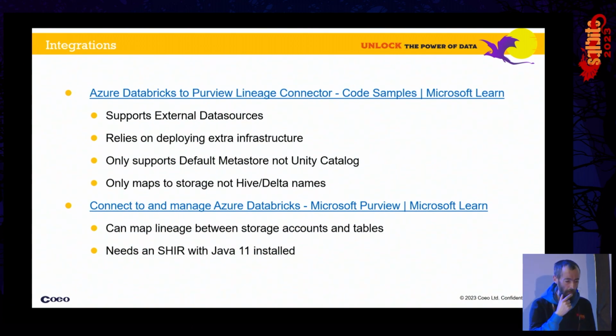So what we can do, though, is, as I've said, Purview has the Apache Atlas API. Databricks have their CLI, which can integrate with Unity Catalog.